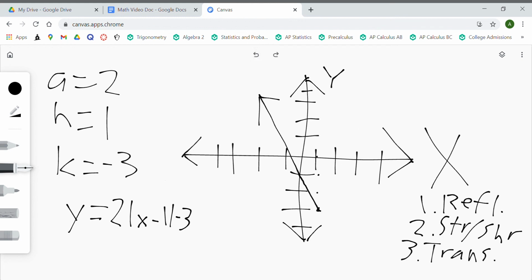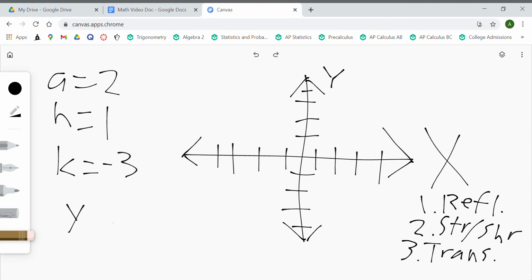Alright, guys, I'm going to give you one more example. I'm just going to use my magic eraser here. Alright. So now, I need to erase that stuff as well.